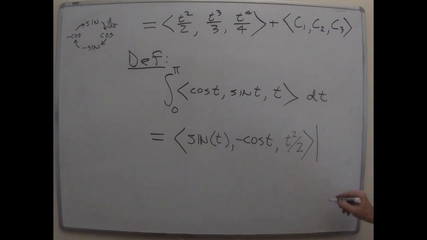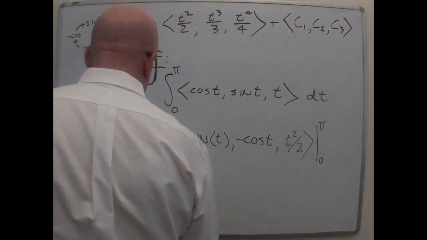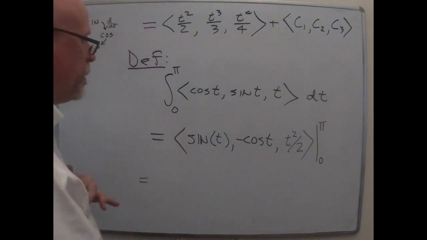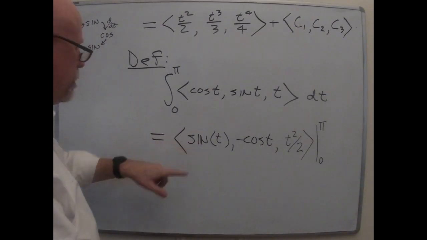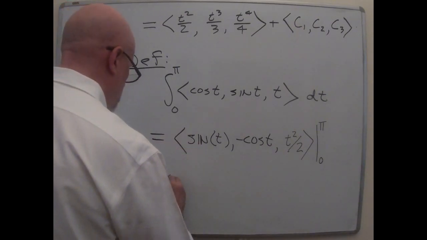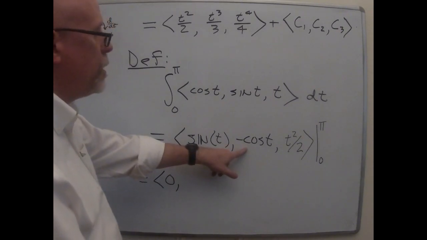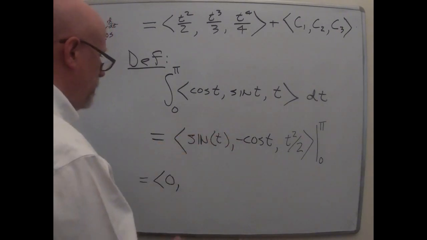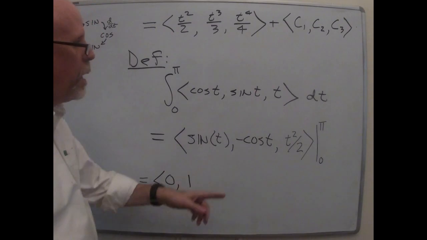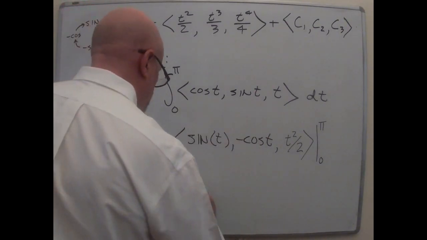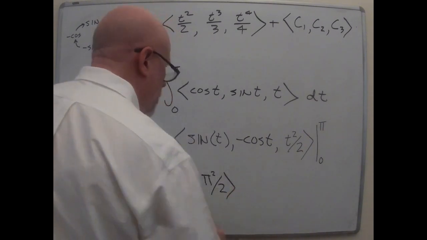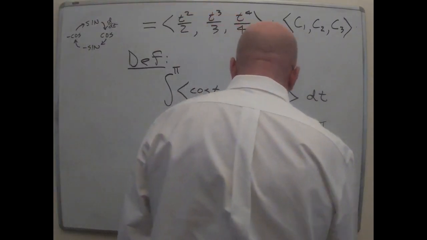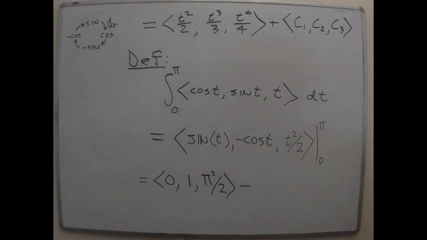But we need to evaluate between 0 and pi. So at the upper limit, sine of pi is 0. The negative of the cosine of pi, I think that's plus 1. And then pi squared over 2. And then let's subtract what we get at the lower limit.